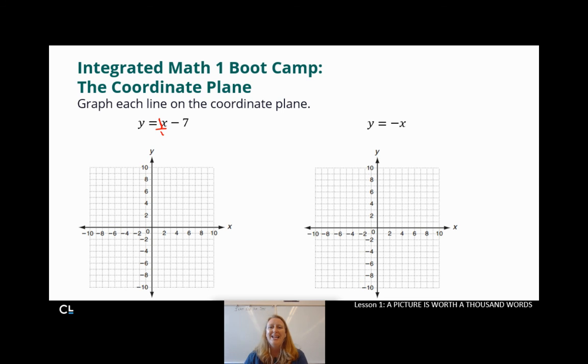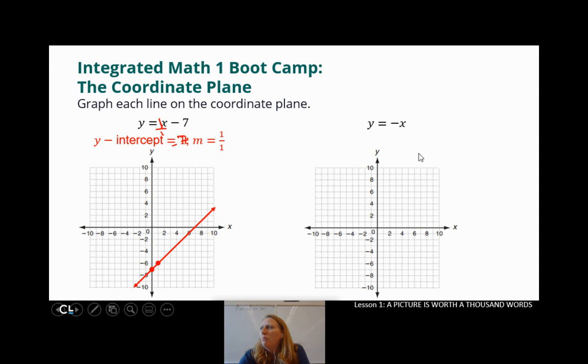Oh, 1 over 1 is my slope. Sorry for the typo. That shouldn't say 1, right? That should say a negative 7 for my y-intercept. My bad. So my y-intercept is negative 7. There's my first dot. And from here, I'm going to rise 1, then run 1. So up 1, over 1, make my second dot, and use a nice straight edge to connect the dots.